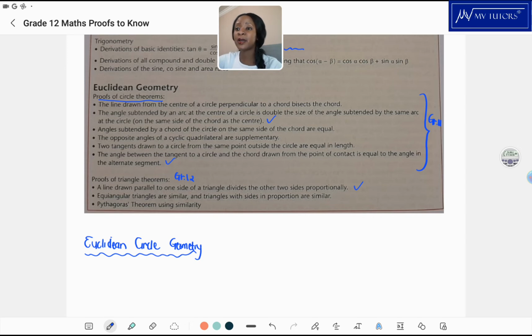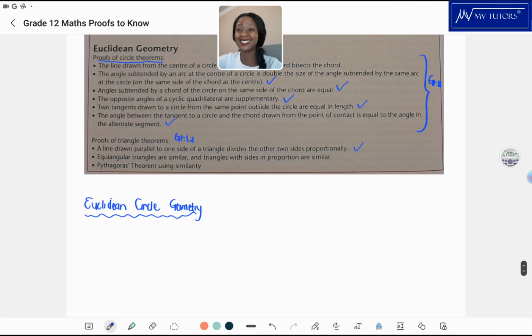Angle subtended by a chord, that I've seen, that we have to prove. The opposite angles of a cyclic quadrilateral are supplementary. That you should know, but I saw the proof, and then 2 tangents as well. I saw the proof. So we're actually going to do 5 proofs here. Okay. Yeah, let me just take a breather.